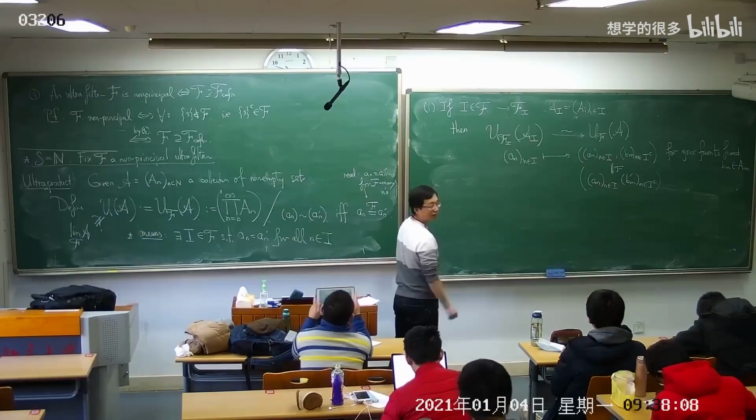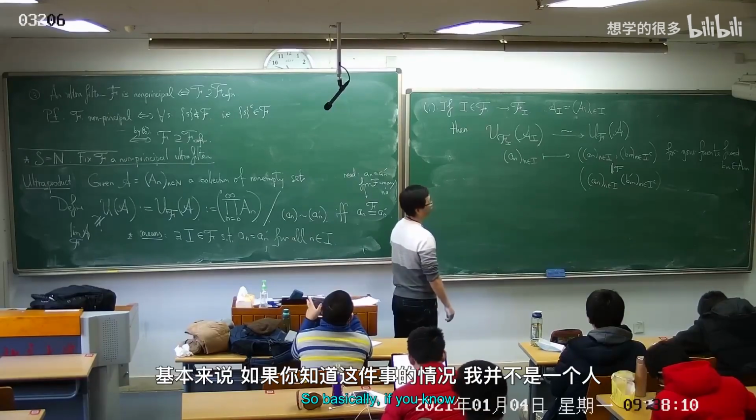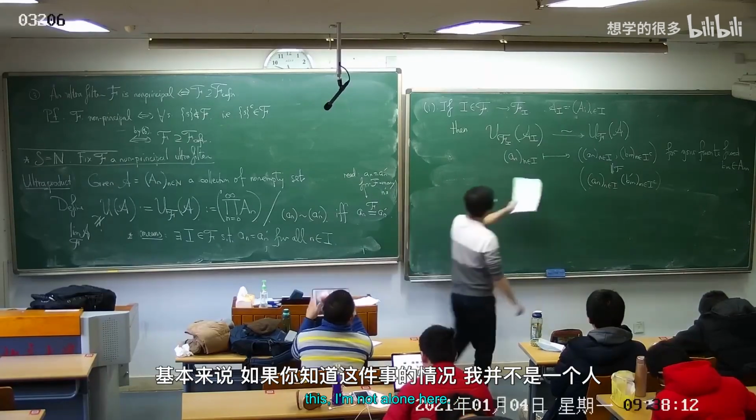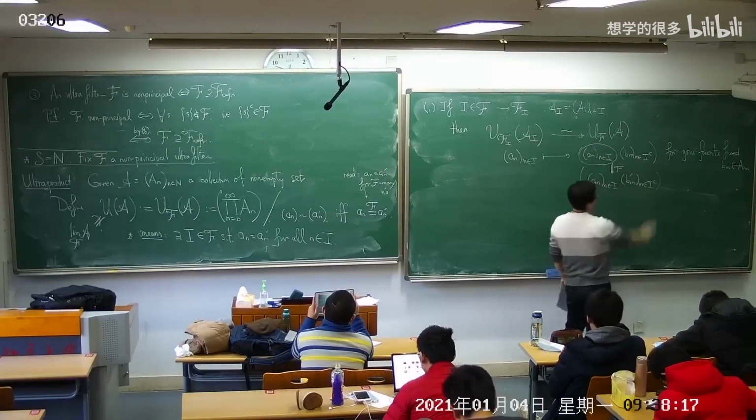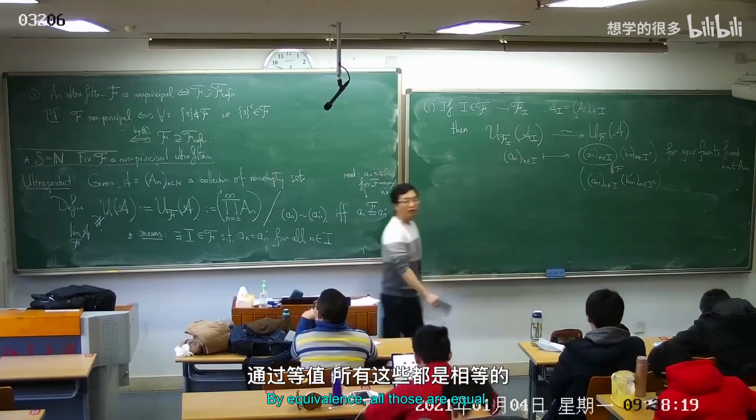So basically, if you know what's happening on this set I, that's enough. The rest doesn't really matter. By equivalence, all those are equal.